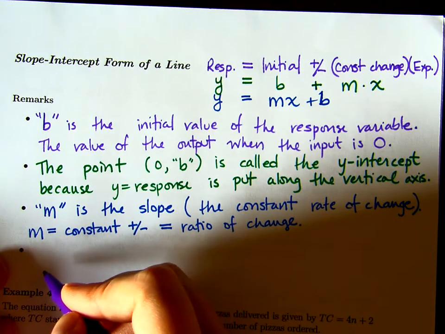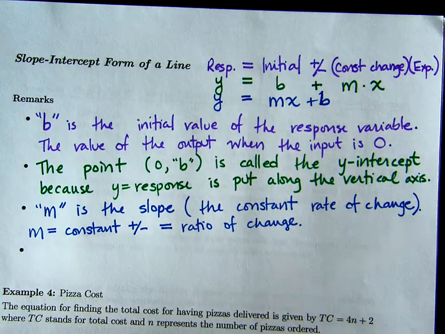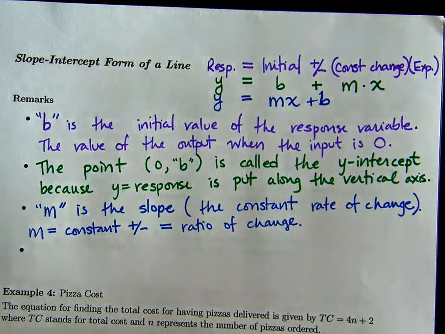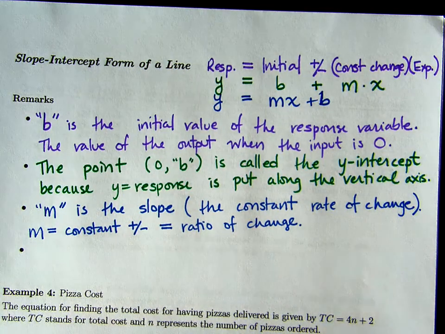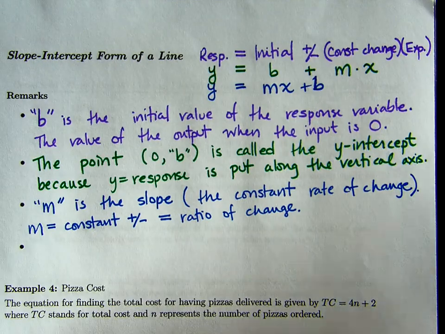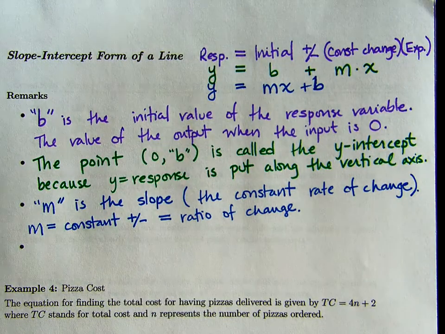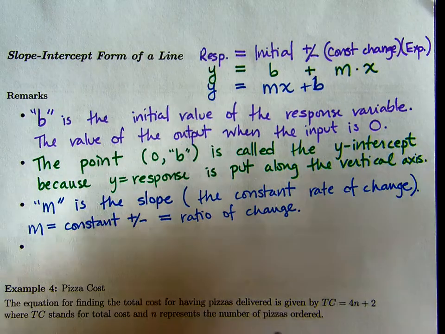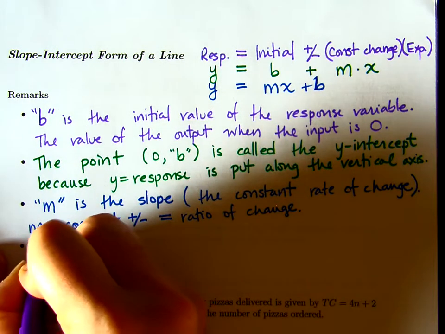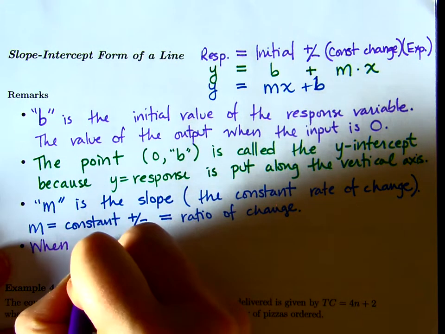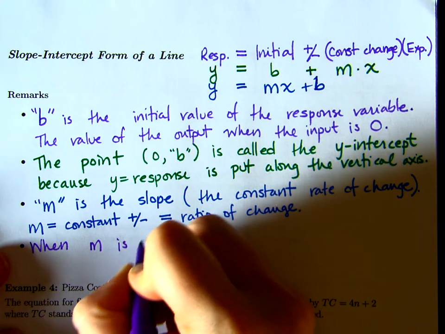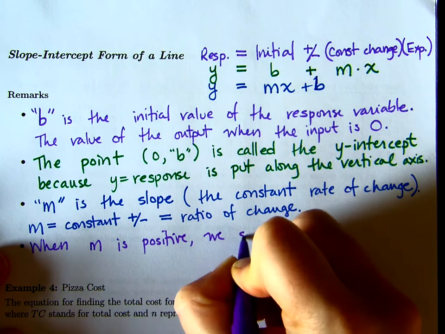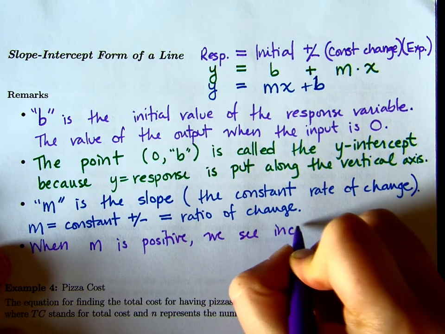Another thing that is remarkable is that we just saw two scenarios. One where the m was positive and the price of the ticket was increasing, and one where the m was negative and the value, or the worth, of a copy machine was going down or decreasing. So when m is positive, we see increases.